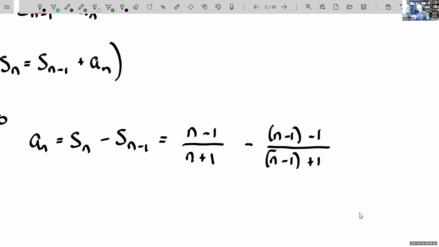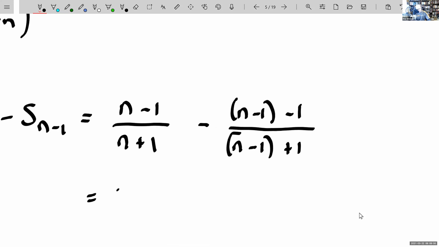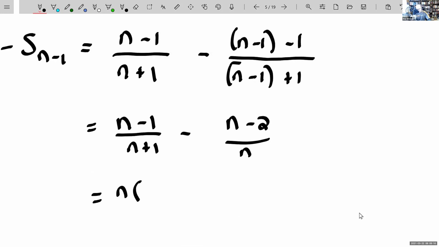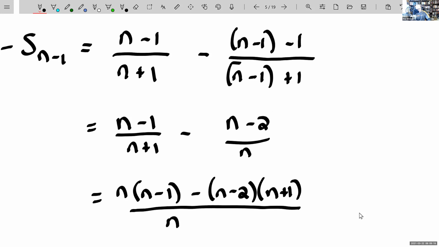And we can simplify this if you wanted to. We have all of our mathematics to do that. Minus, what do we have? n minus 2 numerator and denominator. Combine like terms. n times n minus 1 minus n minus 2 times n plus 1 all over n times n plus 1.